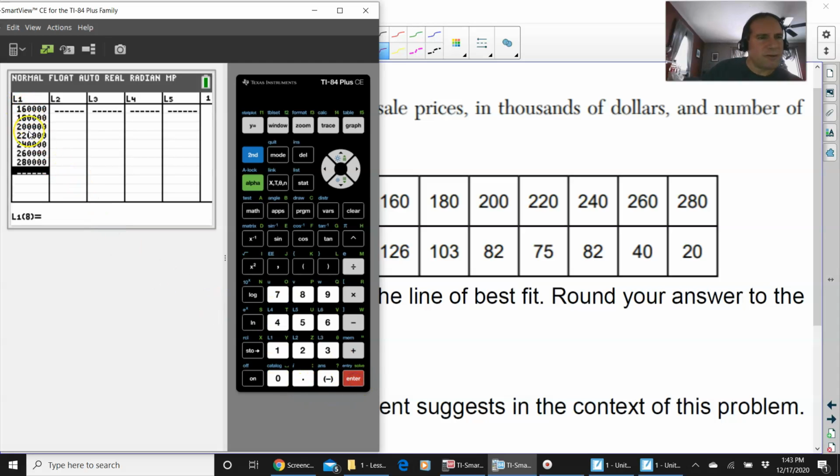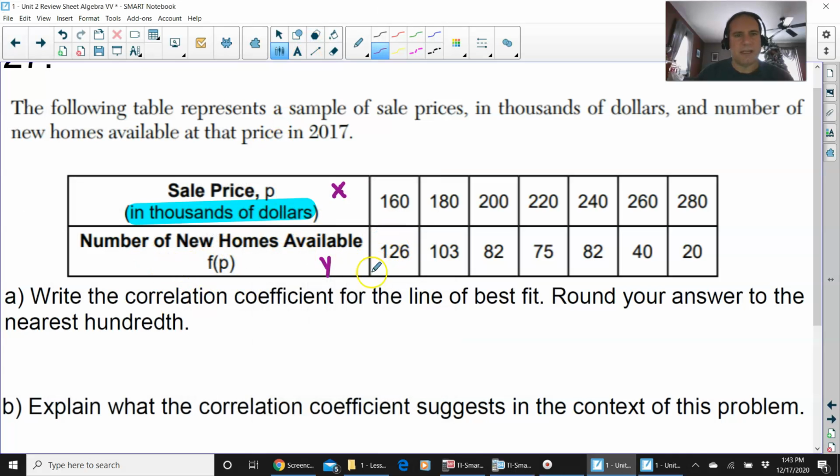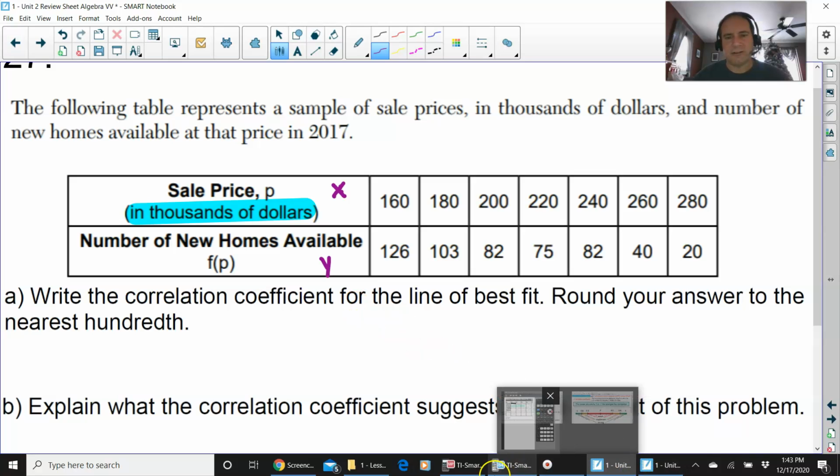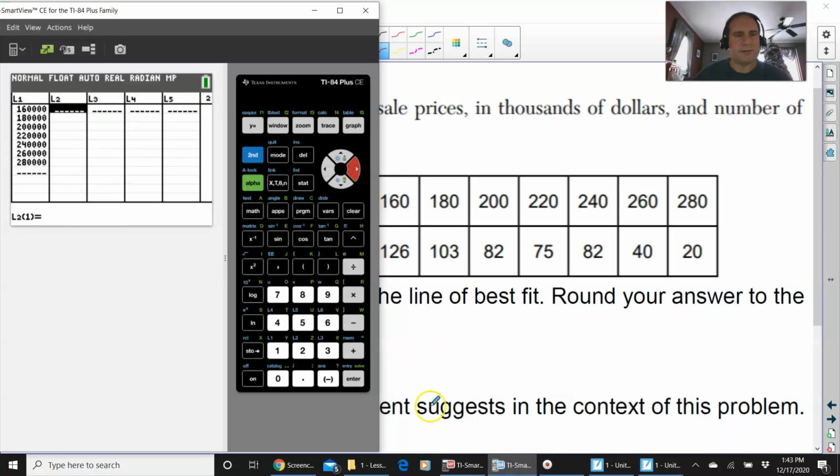And just looking over, just make sure you have thousands in, and then on the bottom is just the Y's, and it says just put those in. It's not in thousands or anything like that, so you could just go ahead and input them just like you see them. 126, 103, 82, 75, 82 again, 40, and 20.